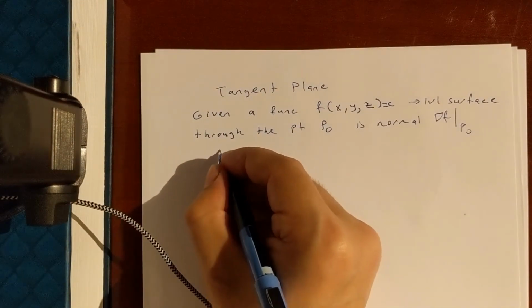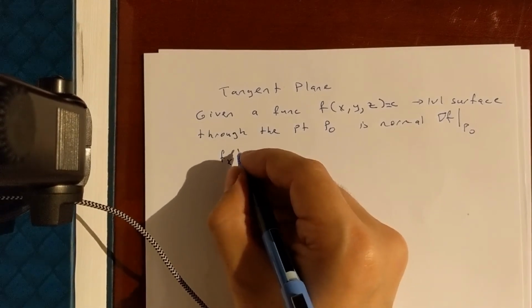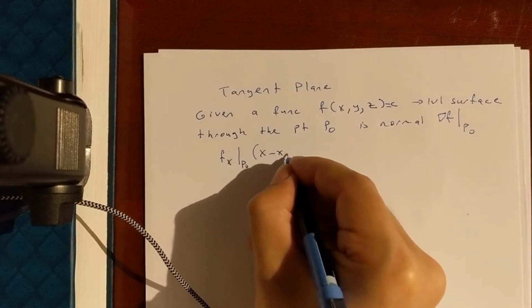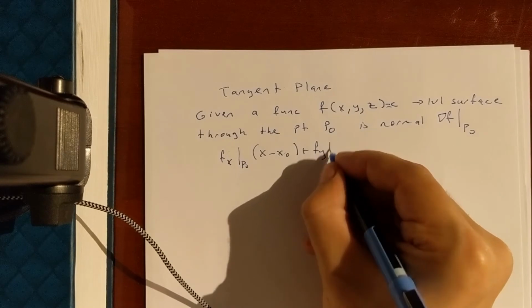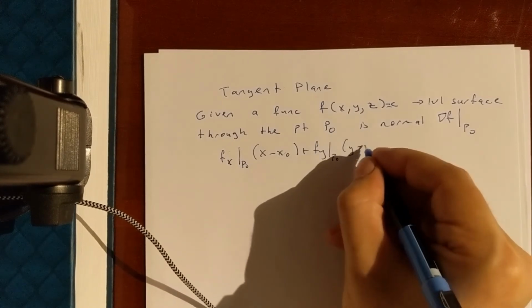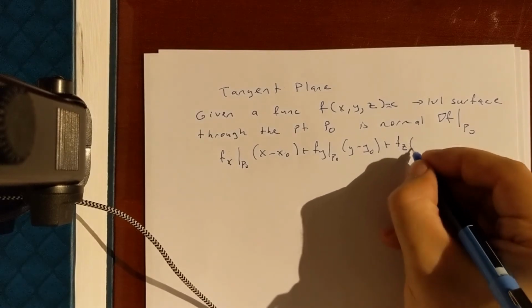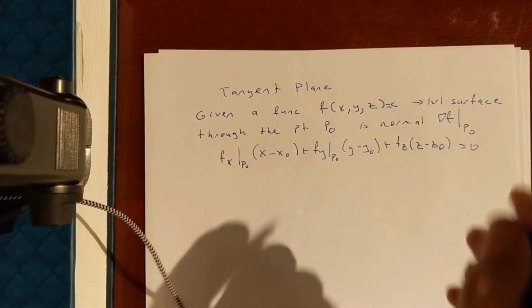So again, what's got to be true is that f sub x evaluated at P naught times x minus x naught plus f sub y evaluated at P naught times y minus y naught plus f sub z times z minus z naught has got to be 0.